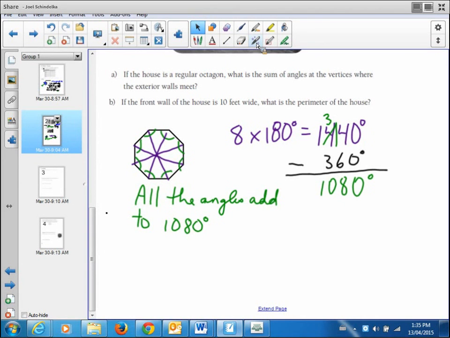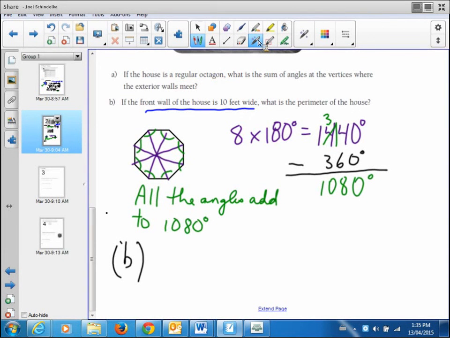That's it. Okay. Now, B is kind of an easier question, I'd say, because we're told that this is a regular octagon, meaning all sides are the same, right? If the front wall of the house is 10 feet wide, what's the perimeter of the house? Perimeter is the distance around, right?